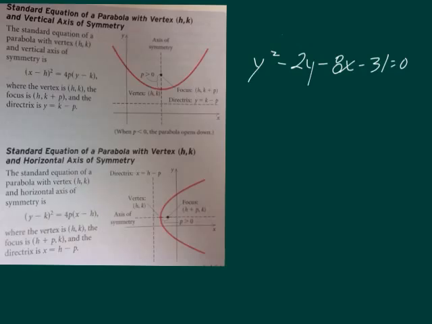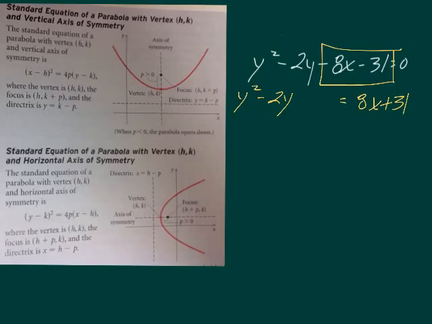So again, we're going to get all of this to the other side, leave a space, equals 8x plus 31. Okay, so half of this term right here and square it.